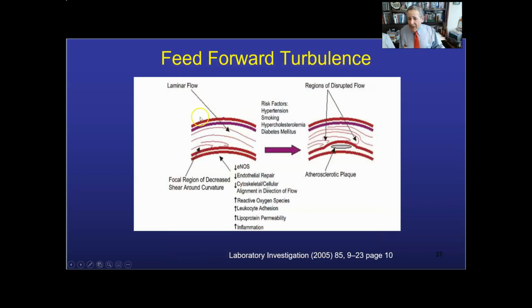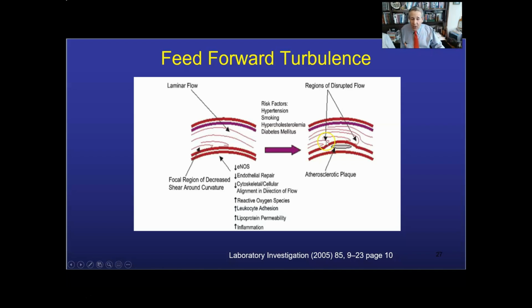And so what happens, here's laminar flow, here's the disturbed, slower shear, and this tends to cause a plaque here, not here. So here's a new atherosclerotic plaque, and what that does is cause this feed-forward phenomenon.